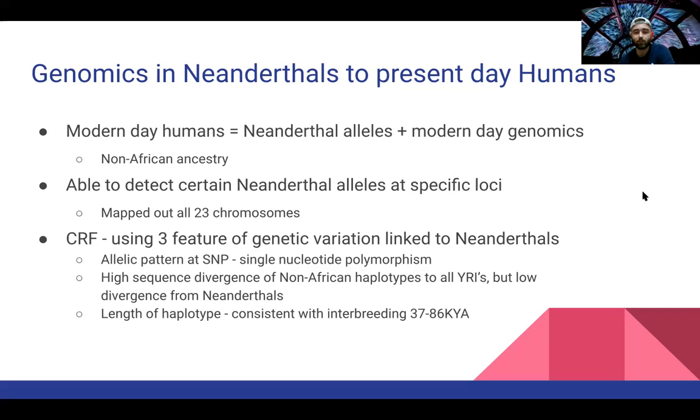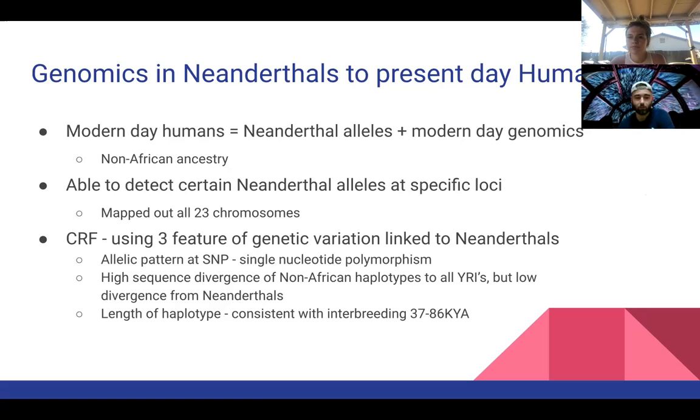And the YRIs, they're just using those as a basis for people that don't have Neanderthal ancestry. And the last one is the length of the specific haplotype. They're looking for about 0.05, I think it was centimorgans. And this is consistent with interbreeding that happened 37 to 86,000 years ago.